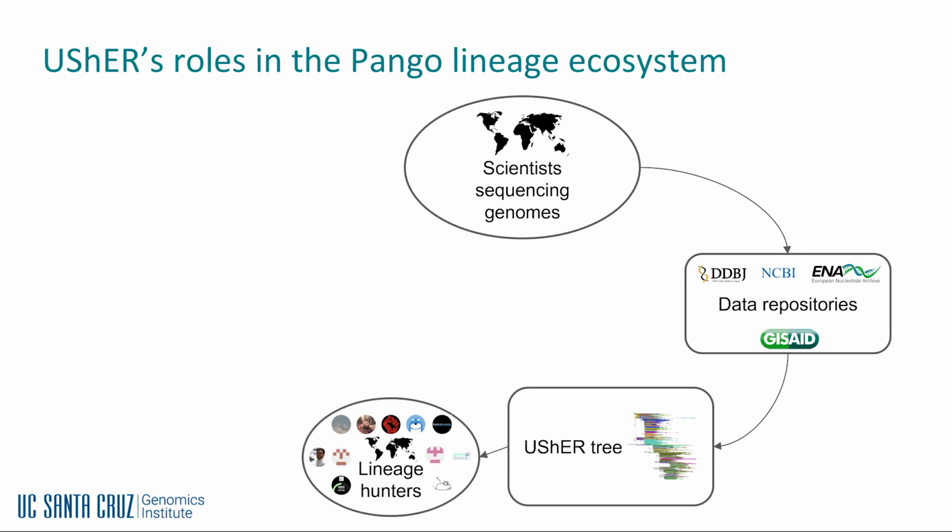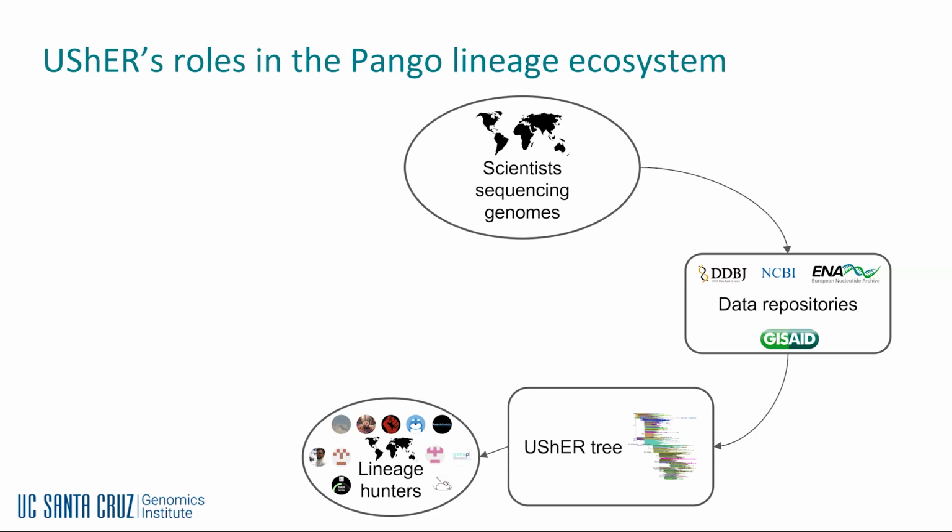Our web interface and the tree are used by this volunteer team of lineage hunters, saltation spotters, whatever you'd like to call them. These are people who just have taken this up as a hobby, no matter what their profession is. Now they spend time looking at all the new sequences every day and placing them on the tree, and they're looking for branches of the tree that are growing, and most often they're looking for spike mutations that would be especially concerning.